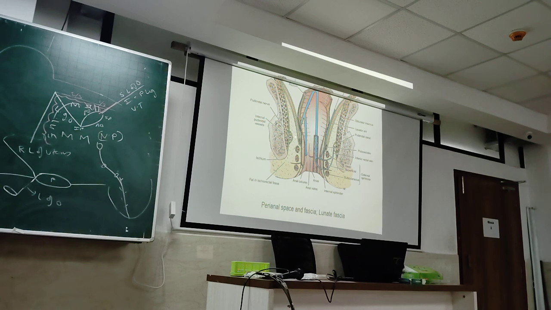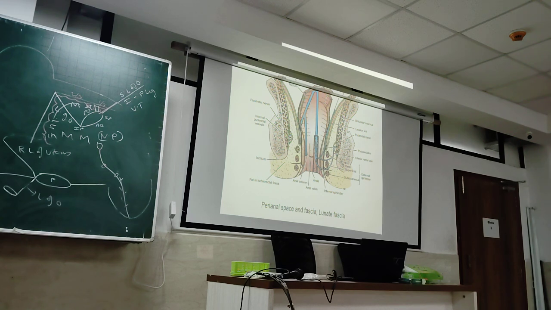Medial to obturator internus is the obturator fascia, which has been split into two to allow the passage of the PIN structures: pudendal nerve, internal pudendal vessels, and nerve to obturator internus. The nerve to obturator internus is not lying in that space, because it has supplied the muscle. So here there are only three structures: the pudendal nerve and internal pudendal arteries and veins.